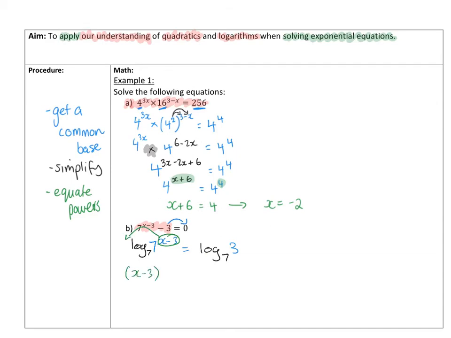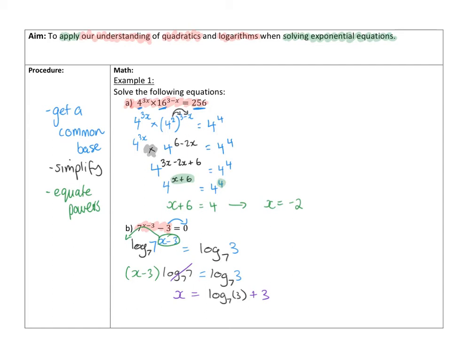So x minus 3 times log 7 of 7 equals log 7 of 3. Now we might notice that log 7 of 7 is just 1, and so x equals log 7 of 3 plus 3. That's just a number, so that's solved.